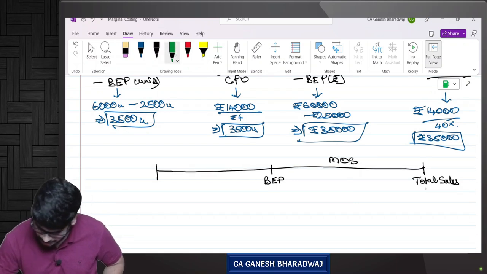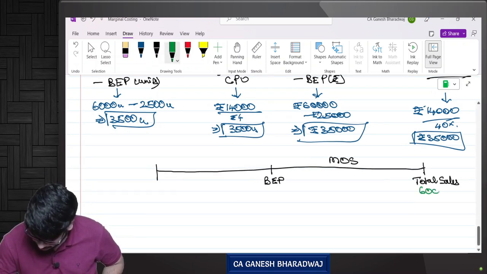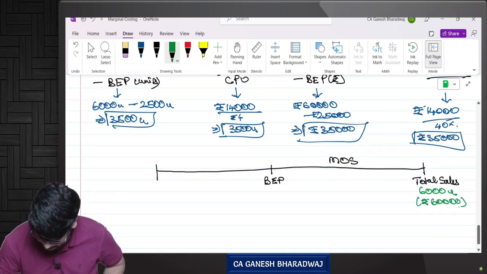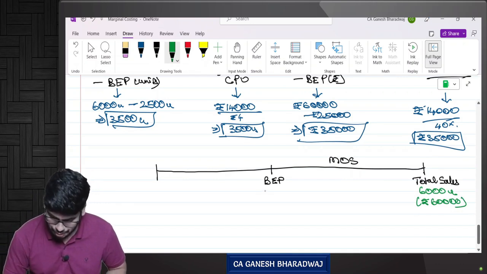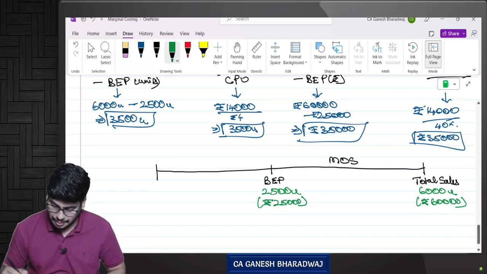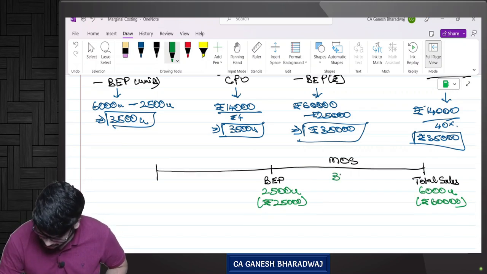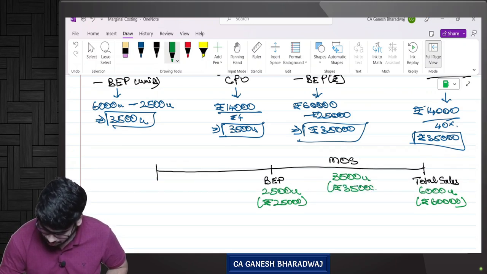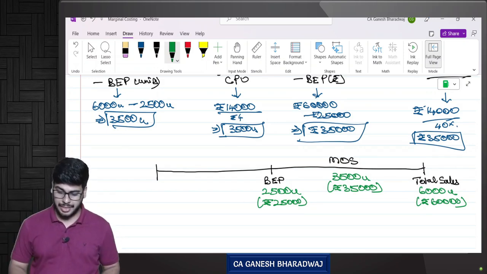Let me take a green ink. 6,000 units, or in value it is 60,000 rupees, correct? Break-even point is 2,500 units, or in value 25,000 rupees, correct? And margin of safety is 3,500 units, or in value rupees 35,000. Yes, this is what we have seen right now.